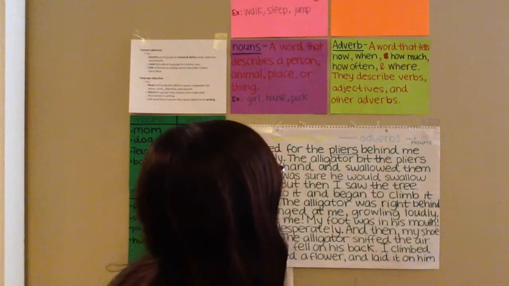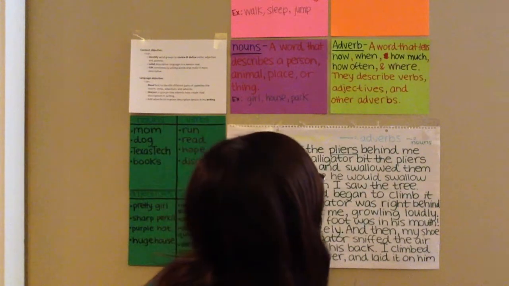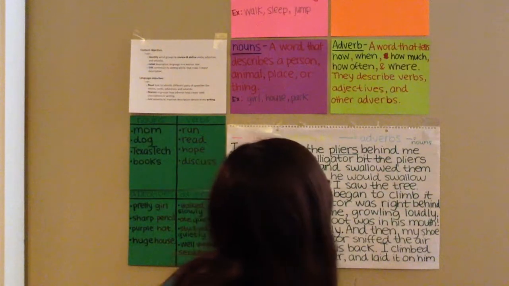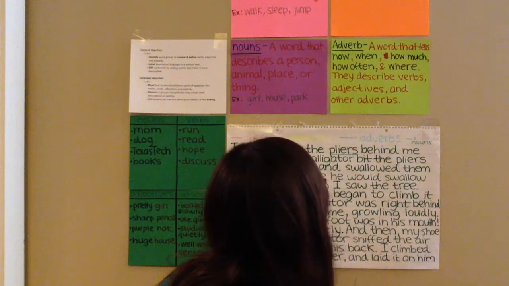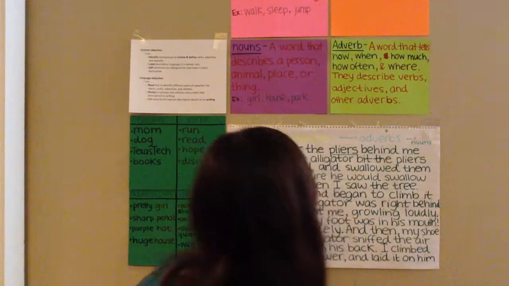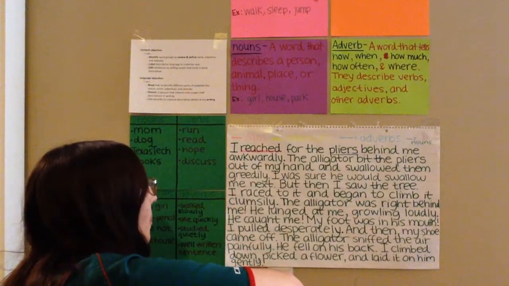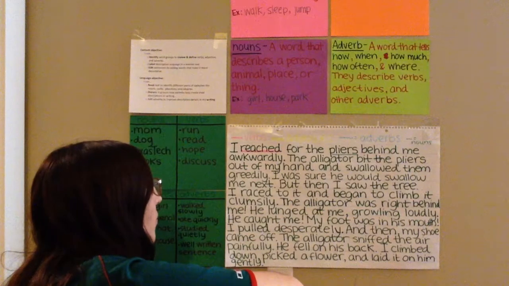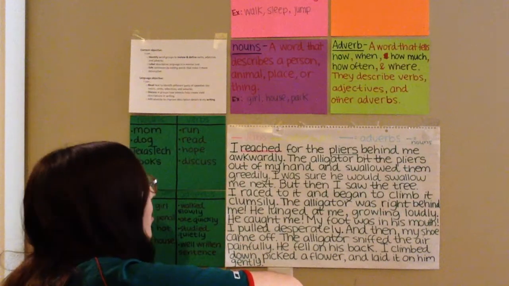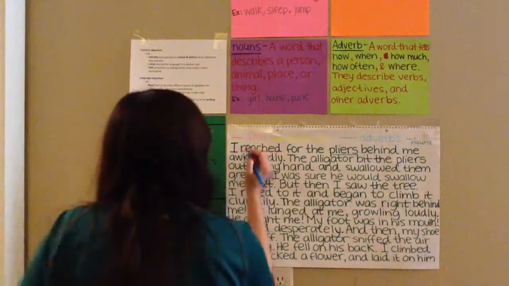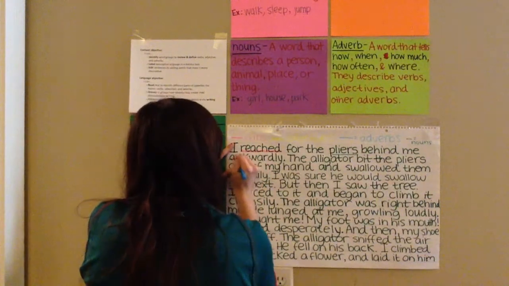Our adverbs are describing how, when, how much, how often, or where. So we're looking for an adverb that is modifying verbs, adjectives, or other adverbs. So since I know that this is a verb, let's see. How is the boy reaching for the pliers? Good, he's reaching for them awkwardly.